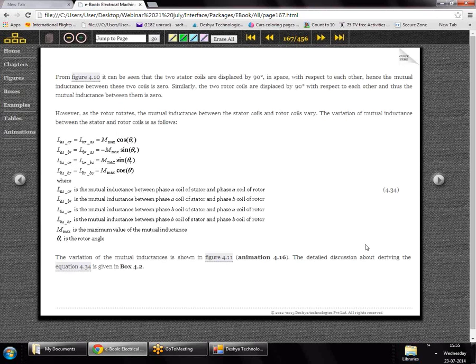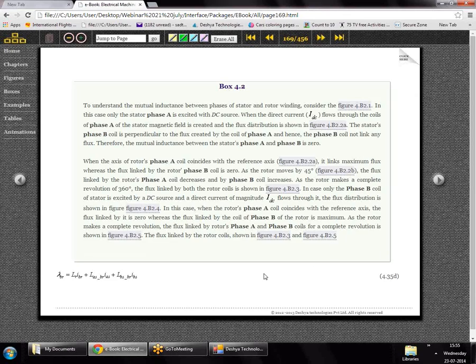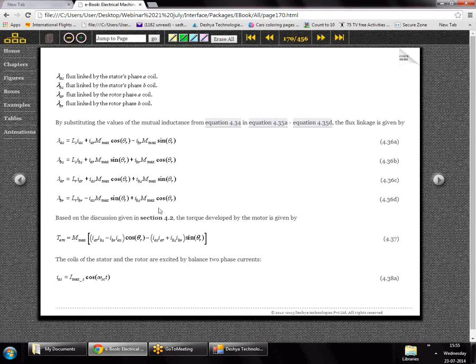Now if we substitute these variations of the mutual inductances in expressions 4.35A to 4.35D, we get the flux linkages given in expressions 4.36A to 4.36D. And if we substitute these flux linkages in the torque equation, we are going to get a torque equation given by equation 4.37.